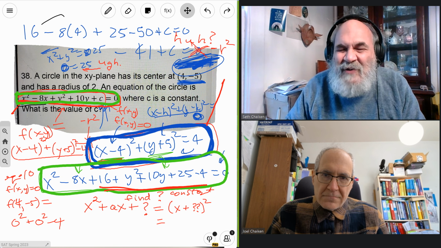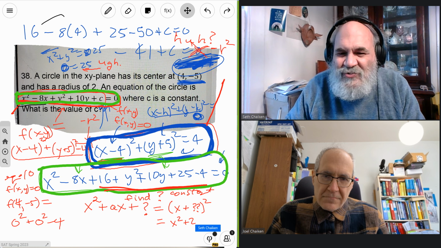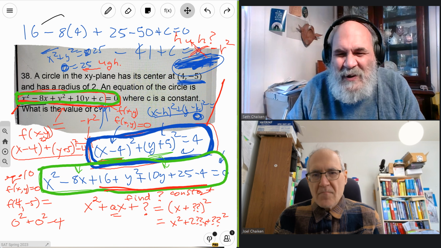If the right hand side is the square, then the right hand side has the form x squared plus 2 times the double question mark times x plus the double question mark squared.